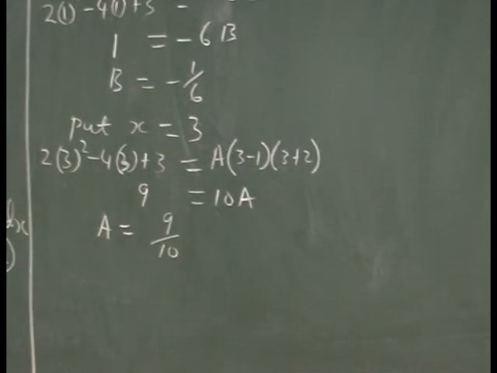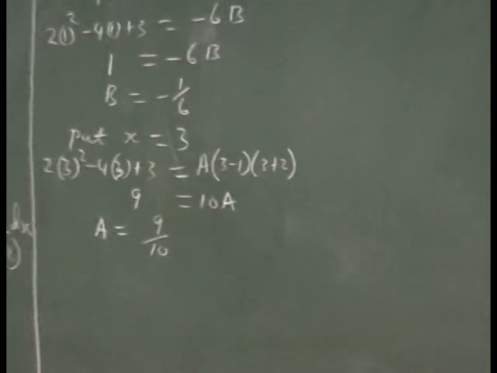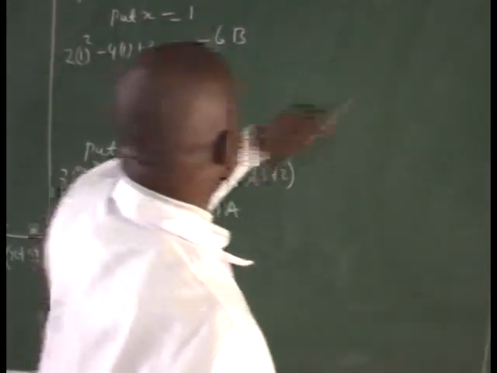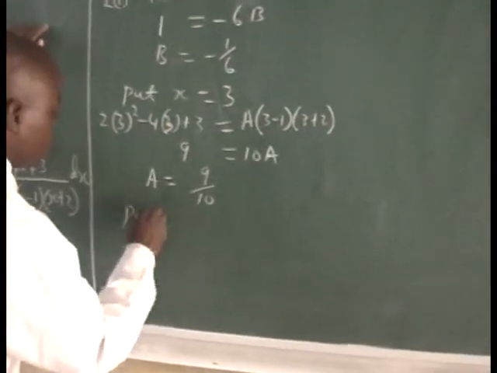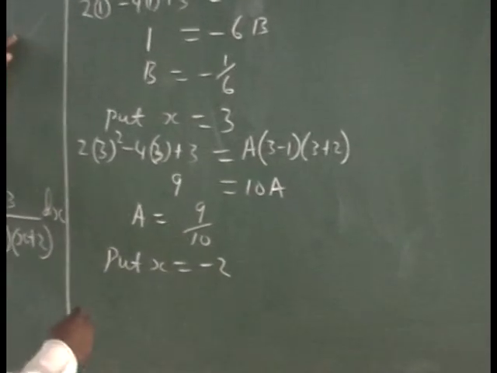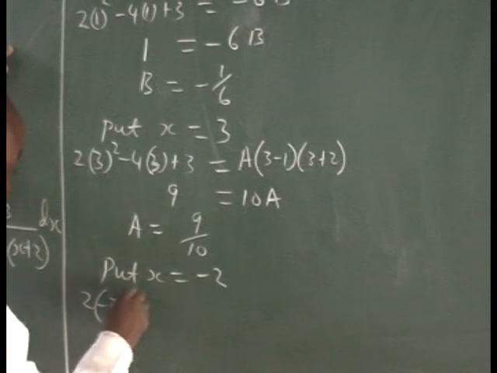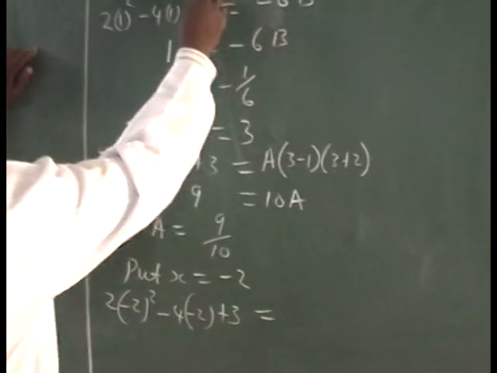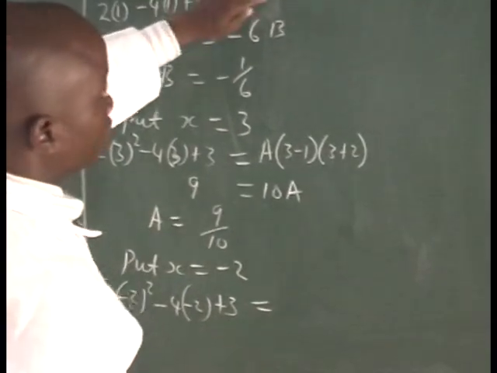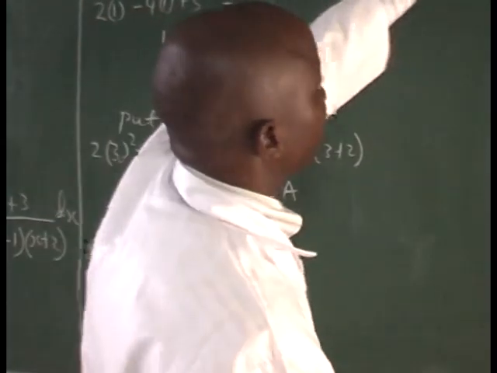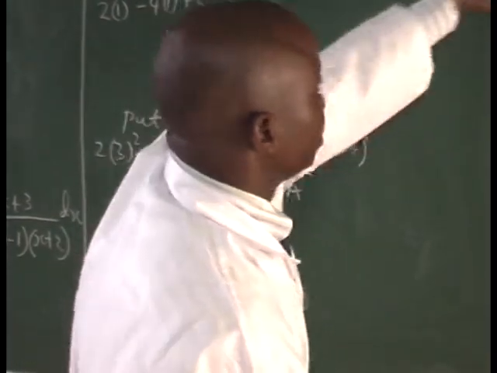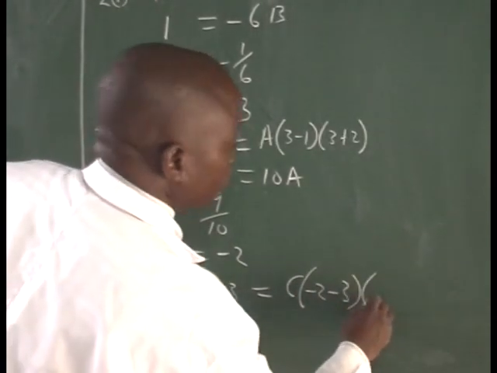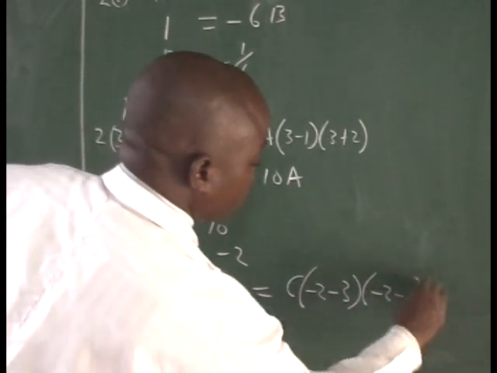And for me to get C, I have to put x equal to minus 2. If I put minus 2 here, it will make it 0. Minus 2 here will make it 0. So put x equal to minus 2. So we have 2 times minus 2 squared, minus 4 times minus 2, plus 3 equal to, everything here and here will be 0 if I put minus 2. So we have C times minus 2 minus 3, and then minus 2 minus 1.